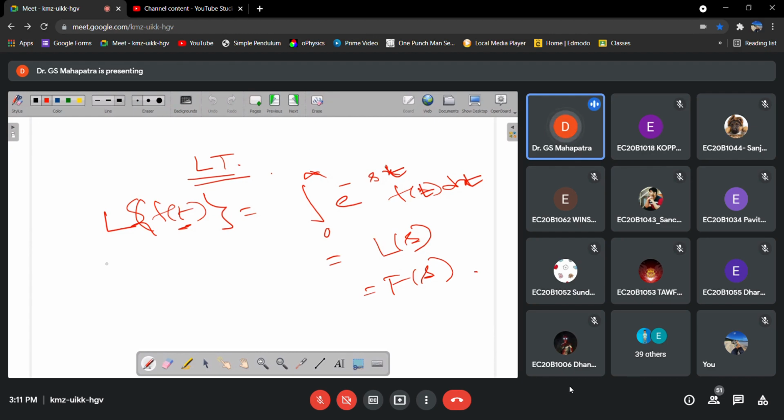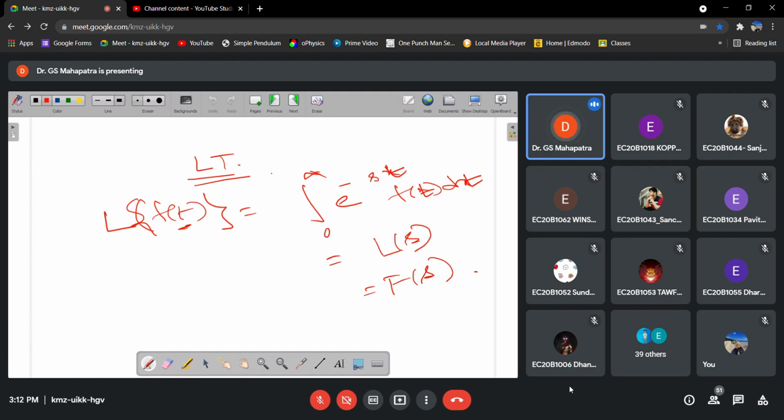You have to find the integration for this type of function, e to the power minus st into f of t. Some rules are there. If you can simply find the integration, it's okay. If it is not possible, then you have to apply some concept. So this is the definition of the Laplace transform.